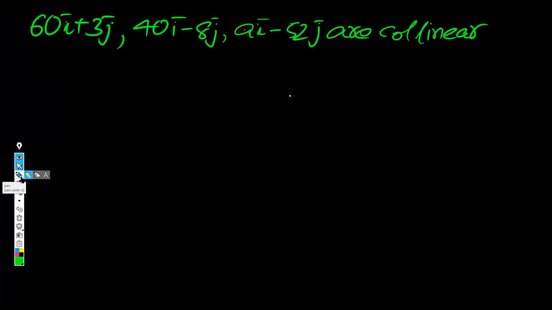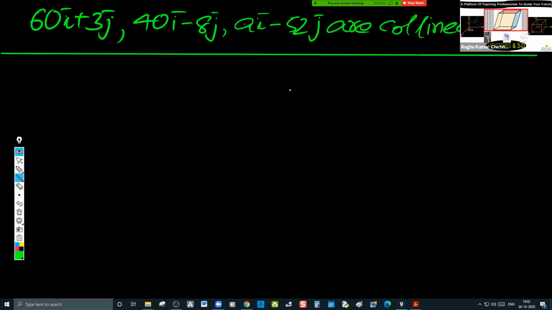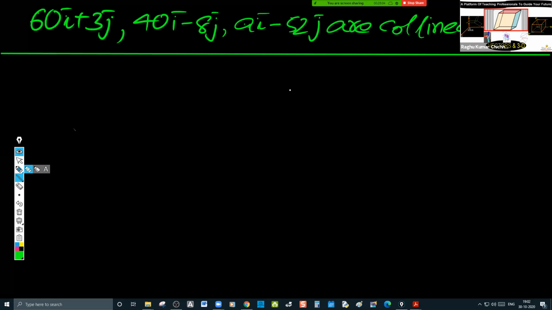For 2 points, you need not check for collinearity, they are always collinear. And whether the third point is lying on the line joining the other 2 points or not is the question here. Similarly, coplanarity is to be checked for 4 points, but not for 3 points, because 3 points will always be coplanar.